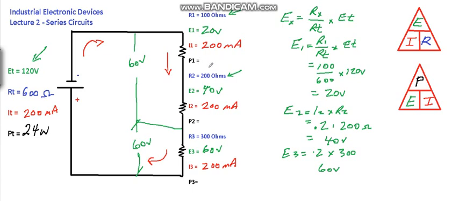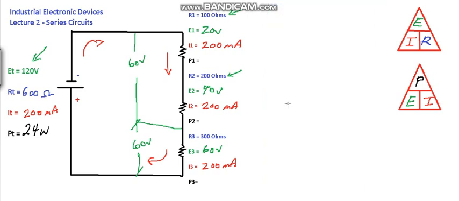That's our check. Let's take a look at our wattage. We know we got a total of 24 watts, and each one of these will dissipate some wattage, and the sum of those dissipations must equal 24 watts. If it doesn't, we've done something wrong. So let's take a look at our power.